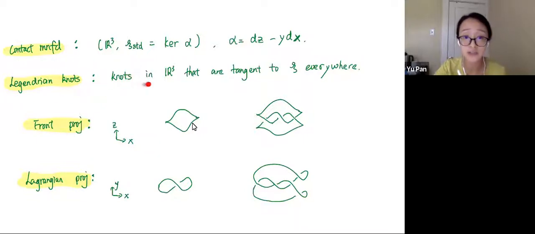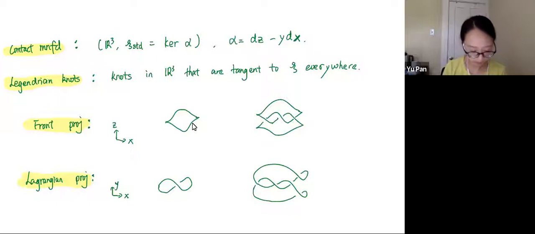These are knots in R3 that are tangent to the contact plane everywhere, which is pretty hard to visualize. To help us visualize that, there are two ways to do it. First is the front projection, which is projecting to the XZ plane. And the other one is the Lagrangian projection, which is projecting to the XY plane. Here you can see the front and the Lagrangian projection of the right-handed trefoil.